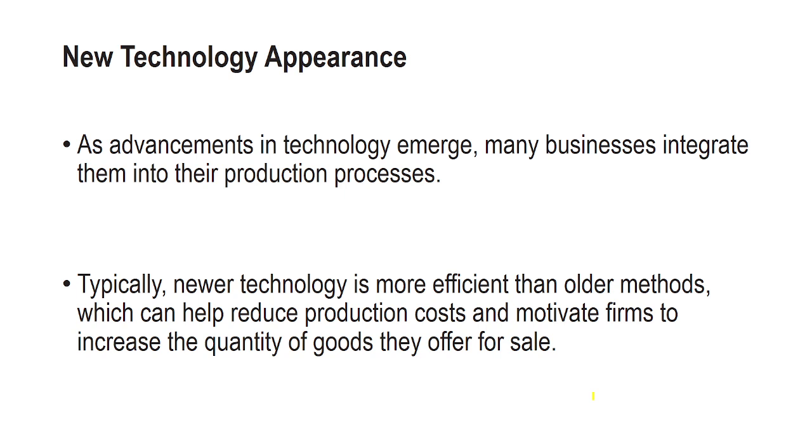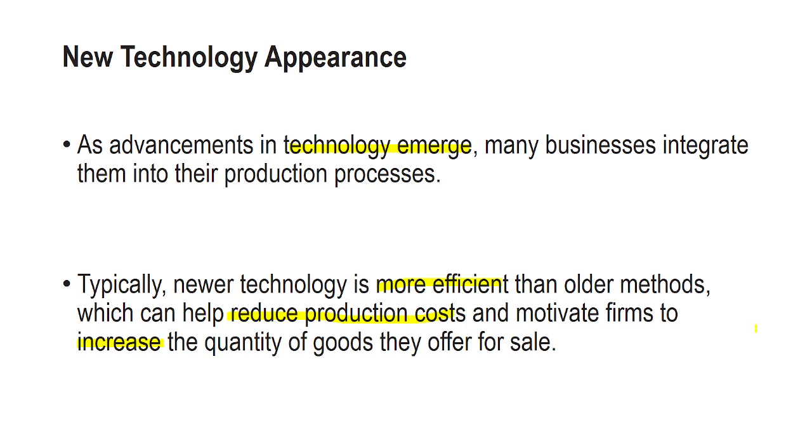New technology appearance. As advancements in technology emerge, many businesses integrate them into their production process. Typically, newer technology is more efficient than older methods, which can help reduce production costs and motivate firms to increase the quantity of goods they offer for sale.